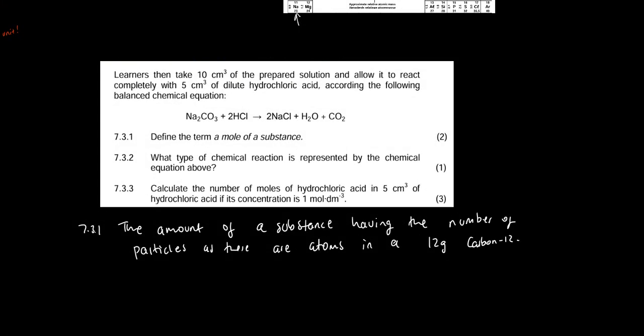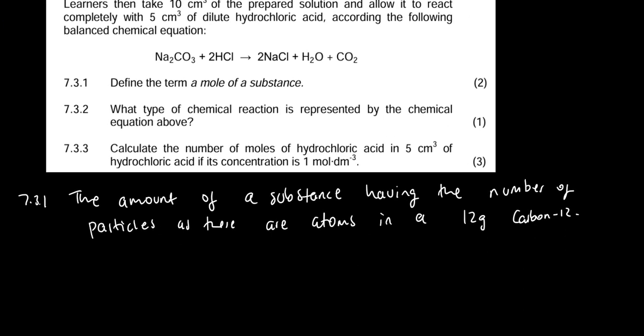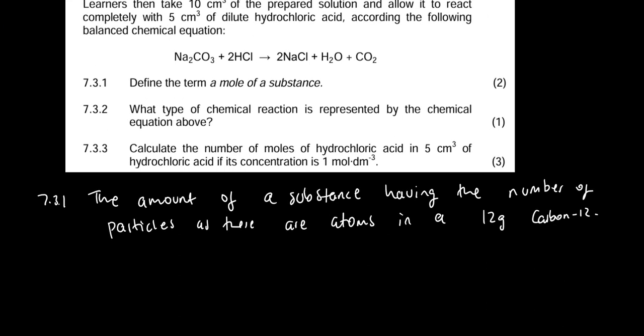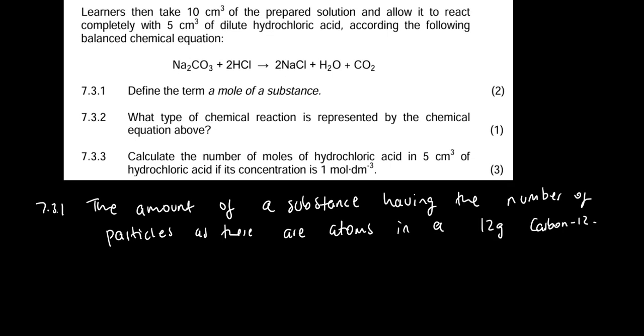Right. And then 3.2 now. They're asking what type of equation. In your syllabus, they have removed the type of equations; I have not seen them in your ATP for this term.